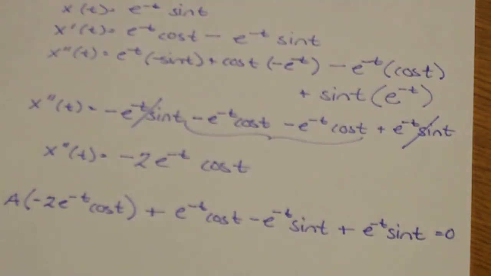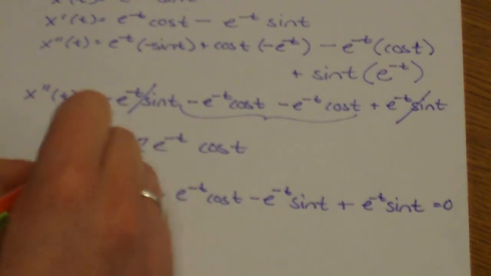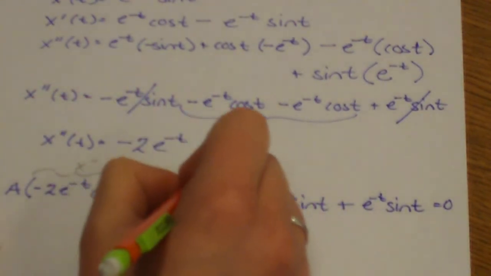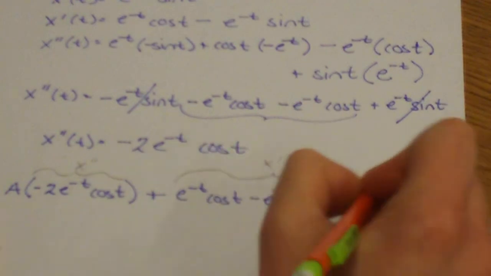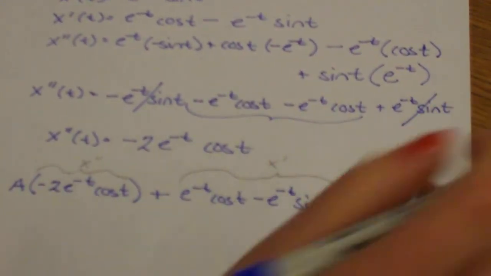So what I want you to realize is what I have here is a times x double prime, all of this is x prime, and then this on the end is just x. So this is what I have. I need to solve this.